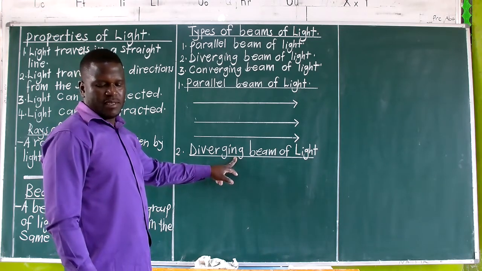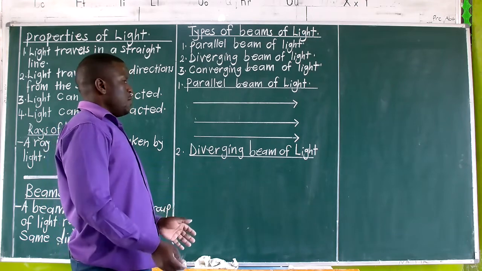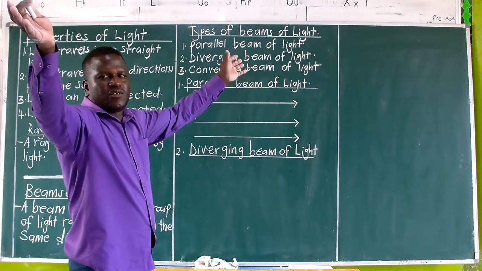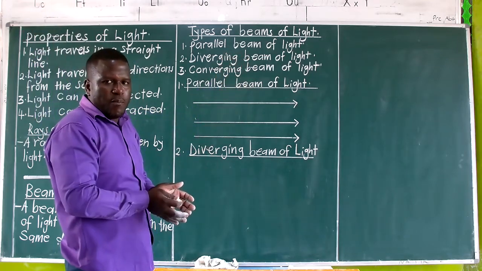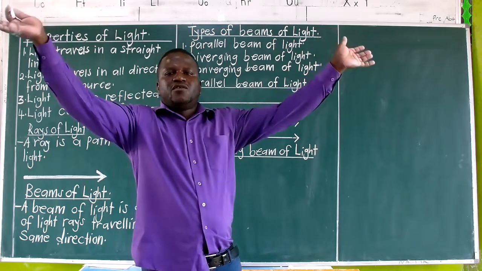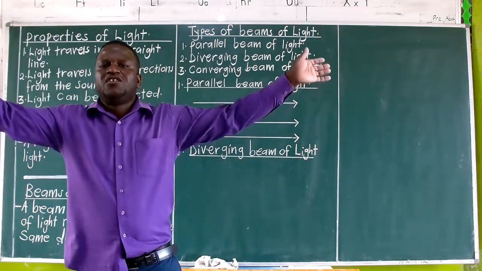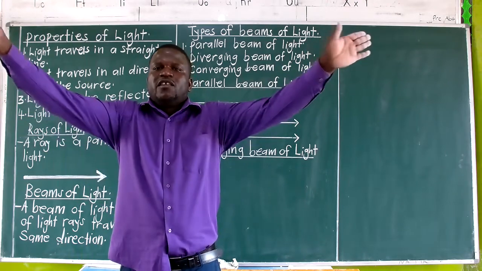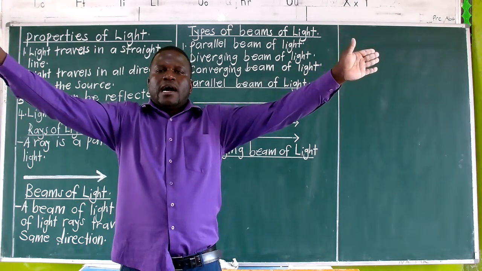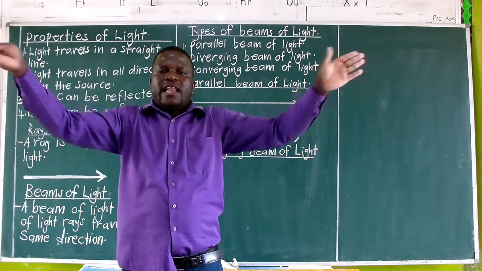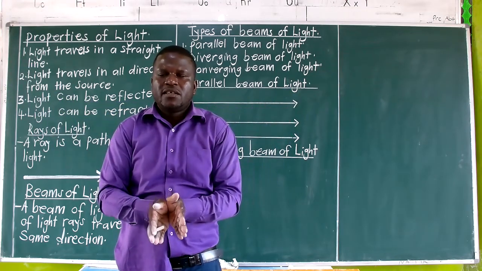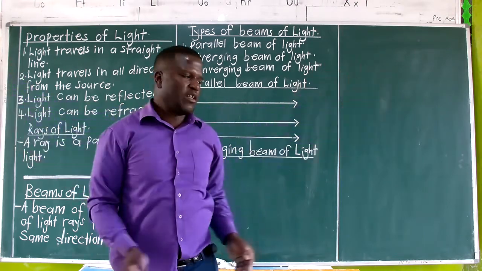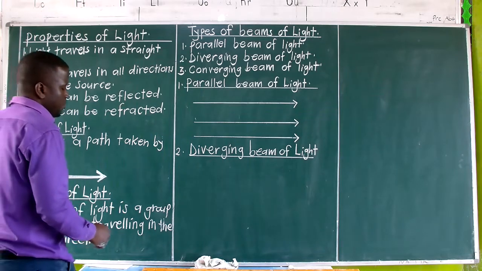To diverge simply means moving from one point and you go in different directions. That's what we call to diverge. So, in a diverging beam, the light rays come from the same point and they move in different directions. They diverge. So that's what we call diverging beam.